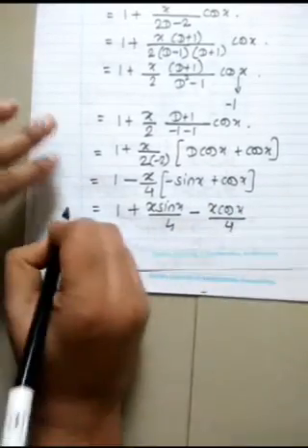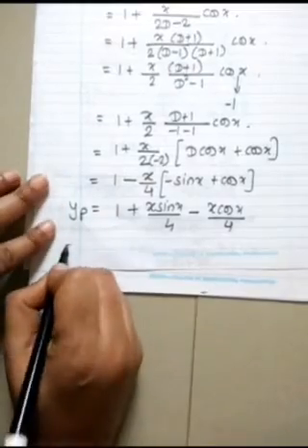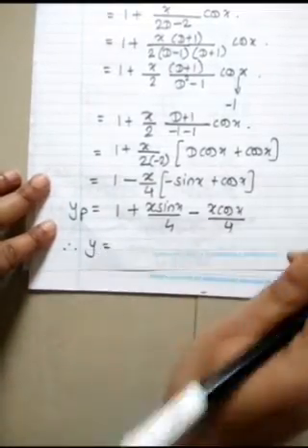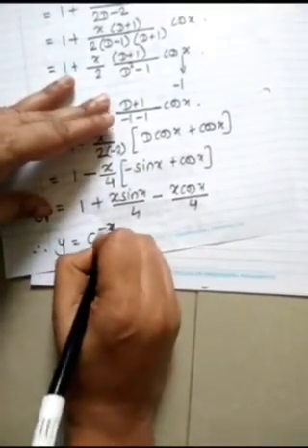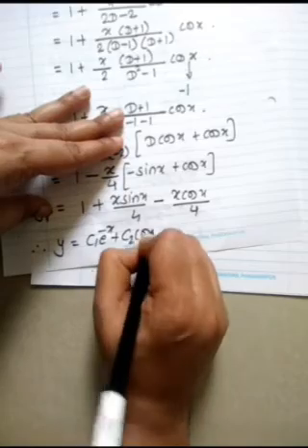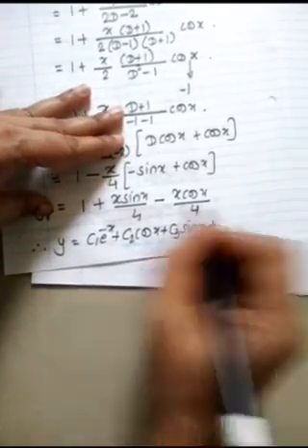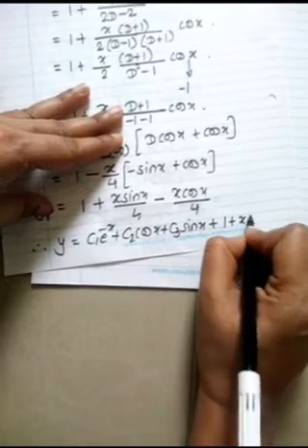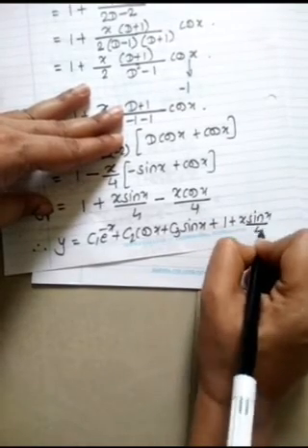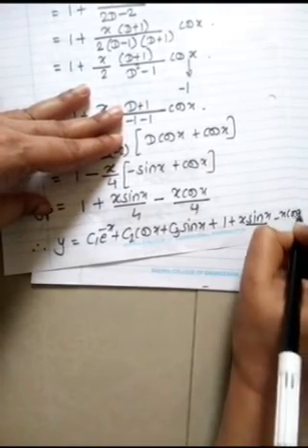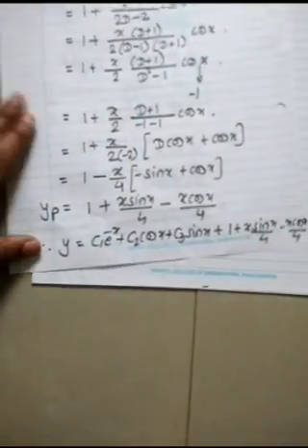So yp is 1 plus x sin x by 4 minus x cos x by 4. Therefore the general solution y is yc plus yp: c1 e raised to minus x plus c2 cos x plus c3 sin x plus 1 plus x sin x by 4 minus x cos x by 4. That is the answer.